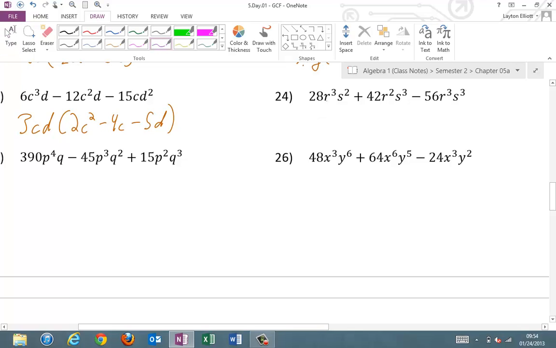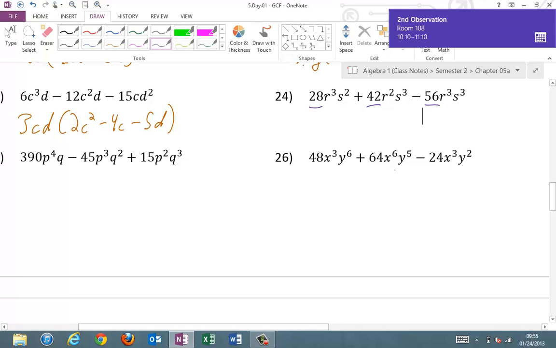I'm going to switch to purple. 28, 42, and 56. Just think of 28 as 7 and 4. This is 7 and 6, and this is 7 and 8. I could start with a 7, but there's an even bigger number. I also know it's divisible by 2. 7 times 2 is 14. So let's try taking a 14 out of these.